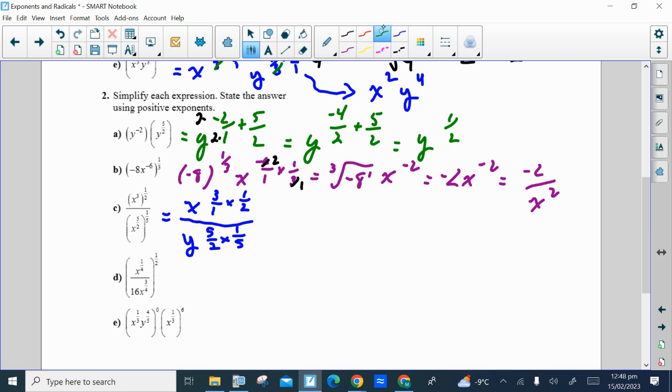That's what we do when we have one exponent raised to another. We multiply the exponents. Now, for the top, we cannot cancel anything, so we'll just multiply top times top, bottom times bottom. That'll give us x to the 3 over 2. But on the bottom, we can divide top and bottom by 5, which would leave us with 1s there.